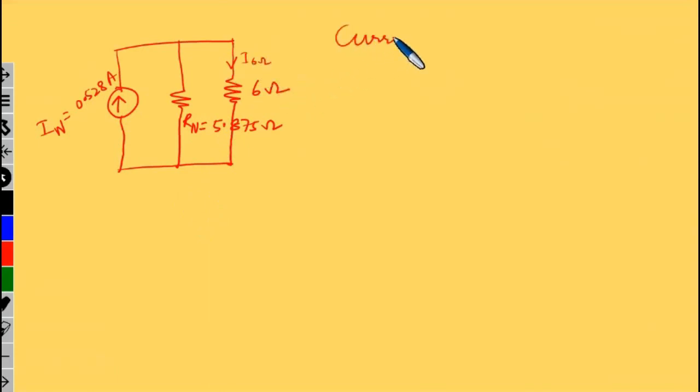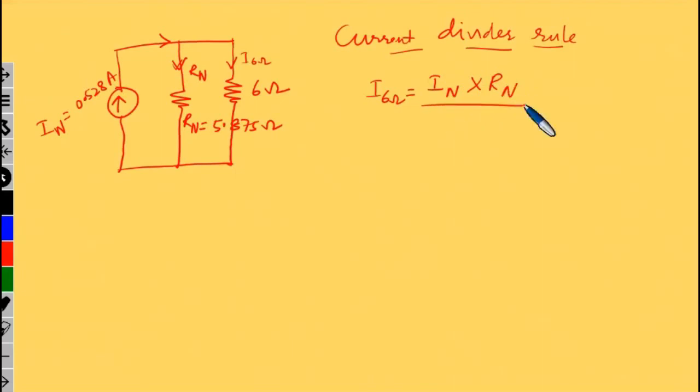To find this I6 ohm, we can use the current divider rule. So I6 ohm equals the total current, which is my Norton current flowing till here, and again it is being divided. This is for Rn and that is for 6 ohm. So Norton current into the opposite branch resistor, Rn, divided by Rn plus 6.